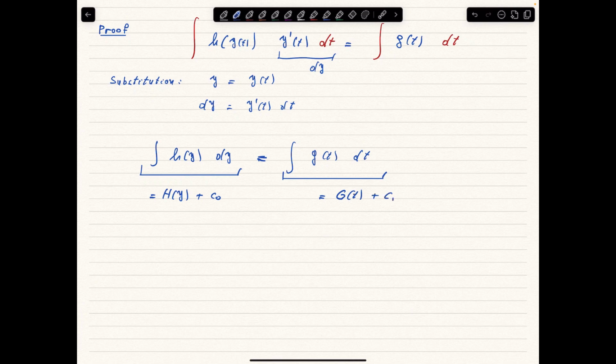So then the solution is going to be big H of y equals big G of t plus some other constant c2, where c2 is the difference of the other two constants. It doesn't matter, but this is the solution in implicit form or implicit solution.